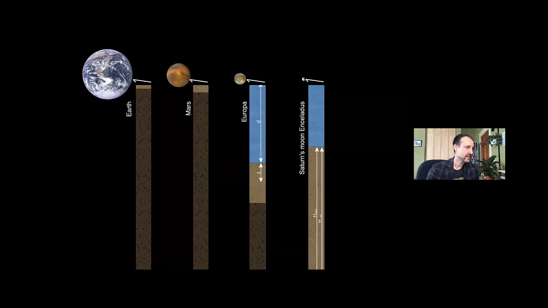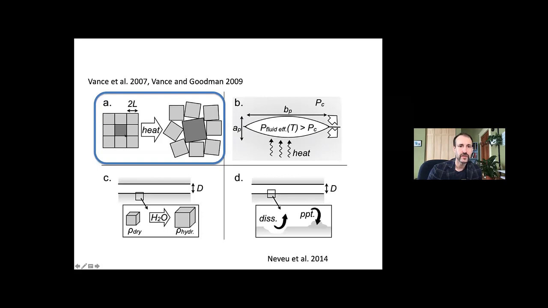And so that mechanism is based on the idea that, supposing the mantle was made mainly of olivine, of some characteristic grain size, let's say 1 millimeter, we can look at the influence of thermal expansion and anisotropy.